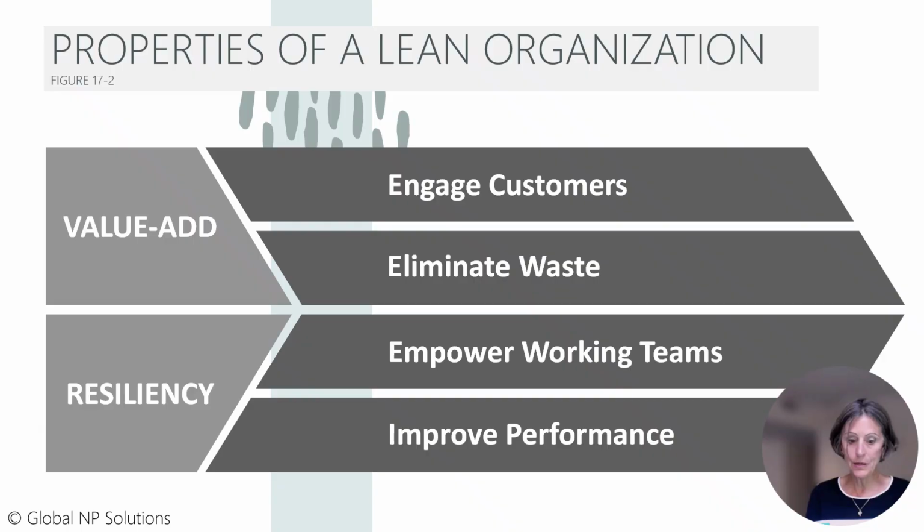Empower working teams. As Japan was rebuilding after World War II, a novel idea emerged to help firms compete globally. Quality circles are a group of workers that meet regularly to improve the output of their work function. When possible, workers implement improvements in their departments.